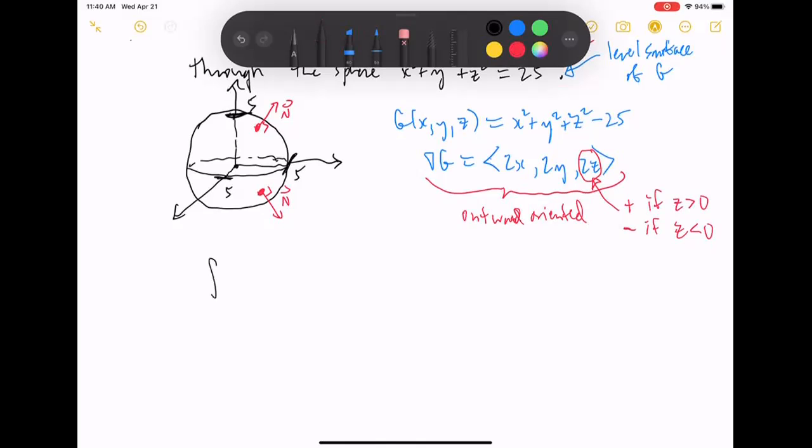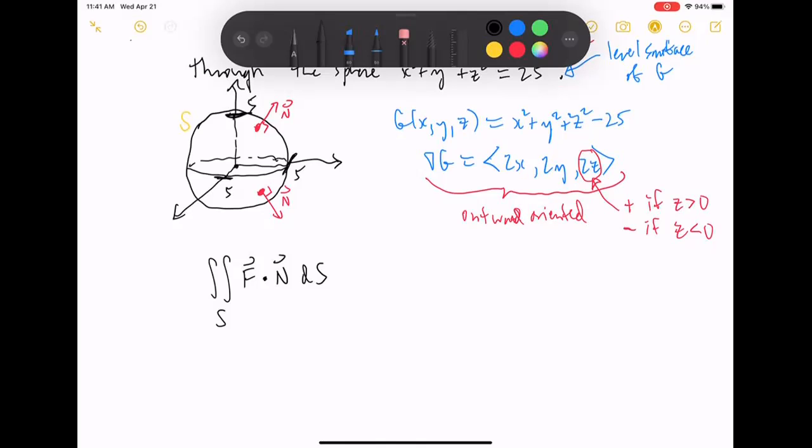We want the double integral over this sphere, which we'll call S. So this is our sphere right here, S. We want the double integral over this thing, and it's going to be F dotted with N dS.